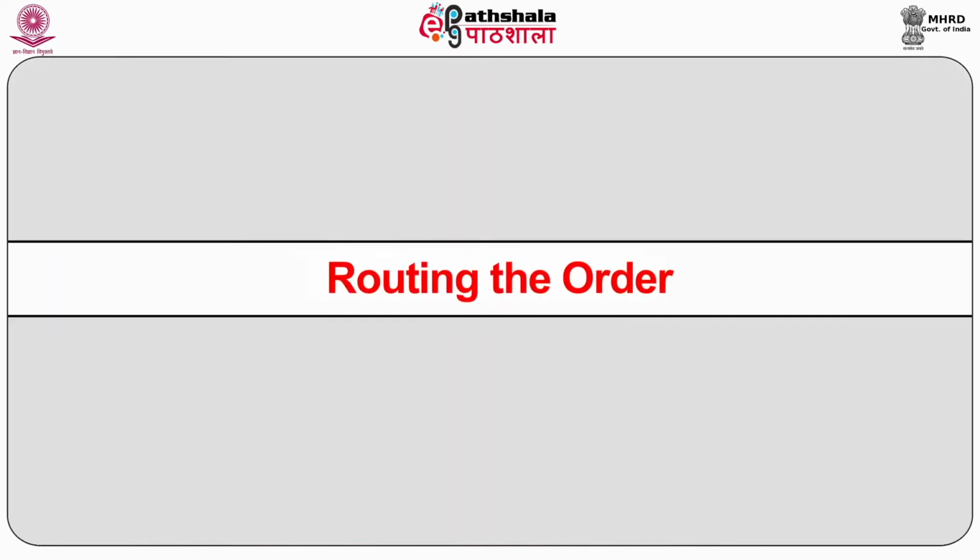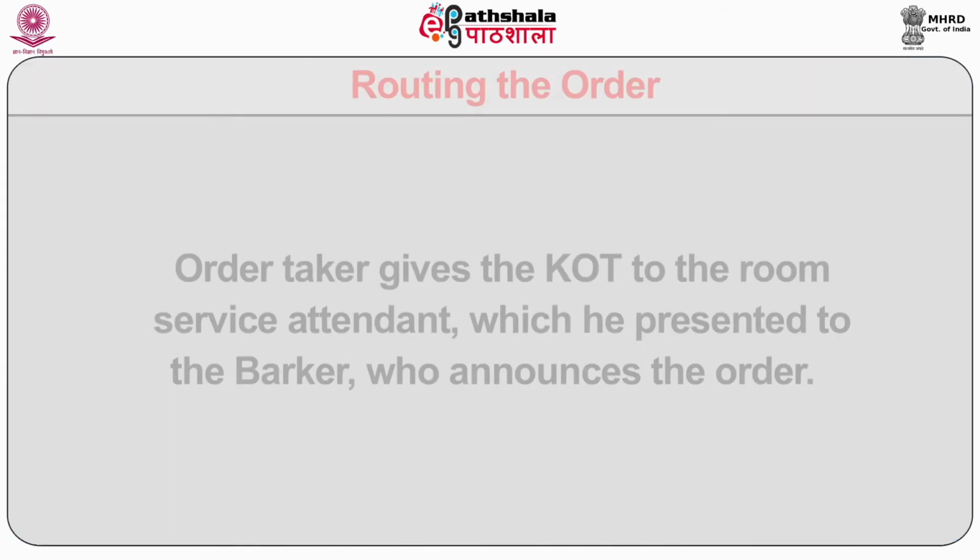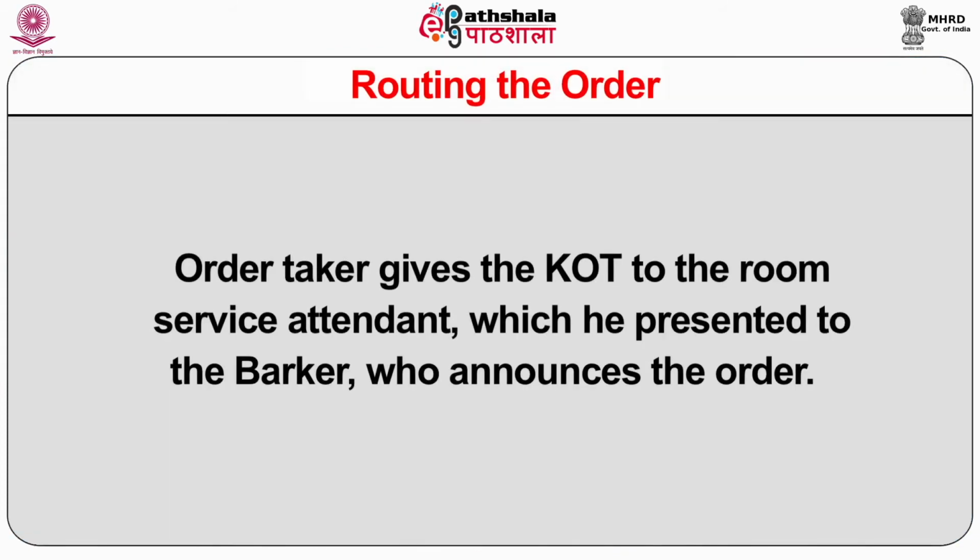Now, routing of the order. After the order taker writes the order on the guest check, he or she must route it to the appropriate food preparation section. The order taker gives the KOT to the room service attendant, who presents it to the barker, who announces the order.